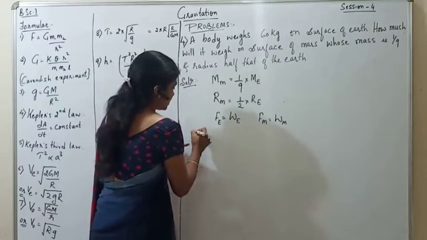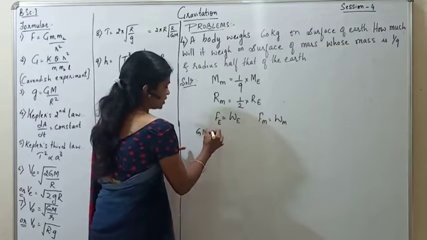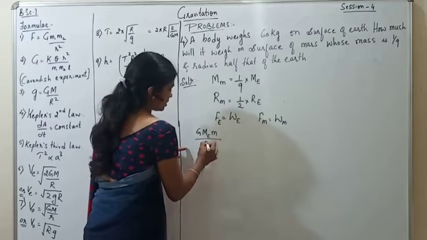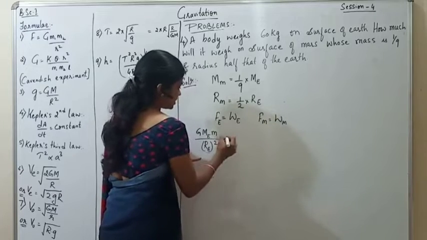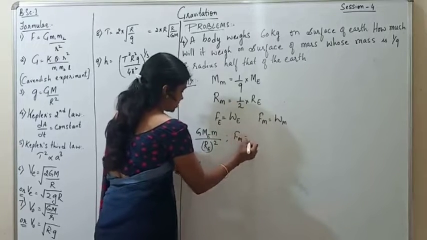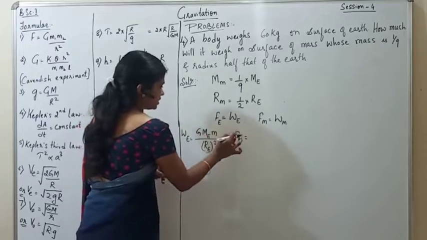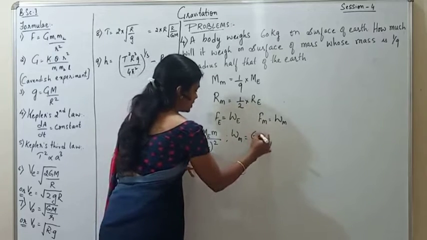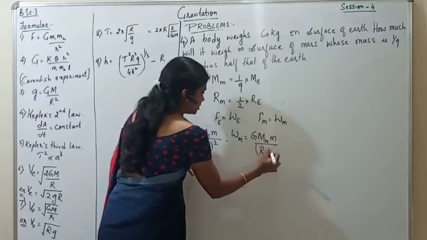So that means G mass of earth into mass of the body divided by RE square is equal to FE, or I can say WE, the weight on earth, and this is the weight on Mars, which is equal to G MM into m upon RM the whole square.